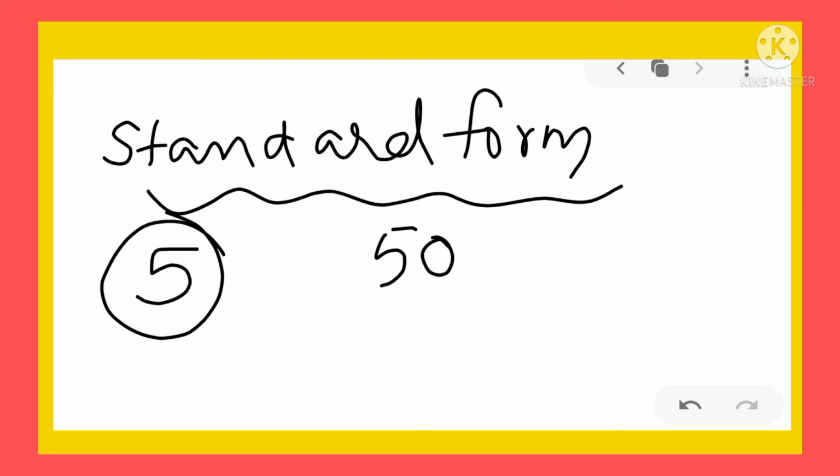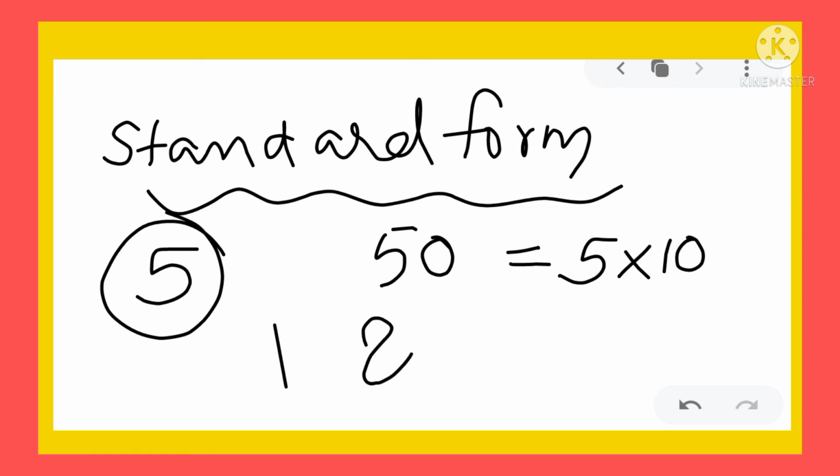That means use of exponents to express large numbers in smaller form. So 50 can be written as 5 into 10. That means we want to write a number as a power of 10, and this number should be between 1 and 10.